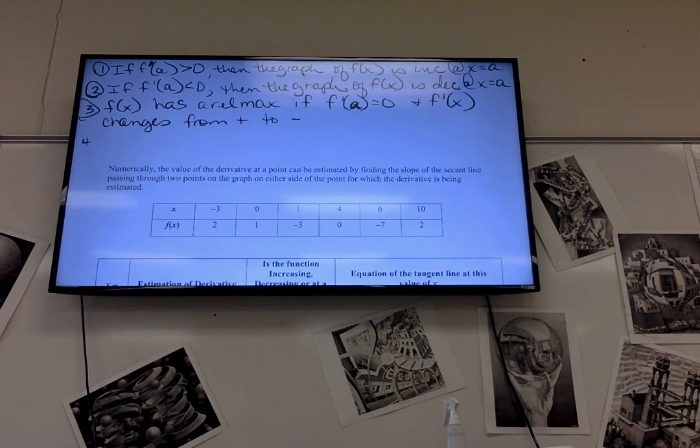F prime is an apostrophe. F of x has a relative minimum if f prime of a equals 0 and f prime of x changes from negative to positive.